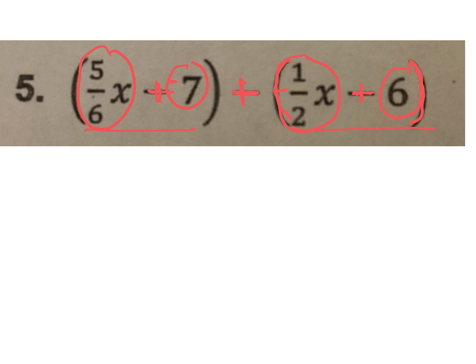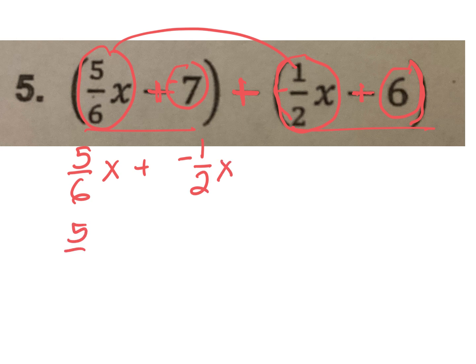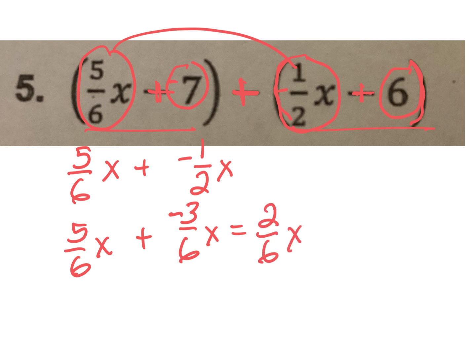So when I put these together, let's put the like terms with a variable. 5/6 x plus negative 1/2 x. And let's make it 5/6 x plus a negative 3/6 x. That's going to give me 2/6 x, or simplify it down to 1/6 x.